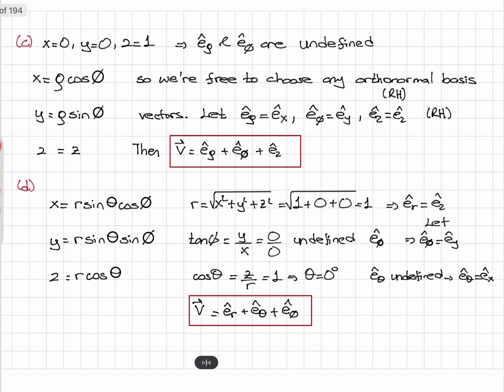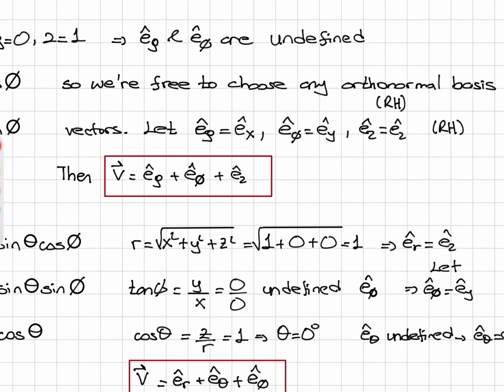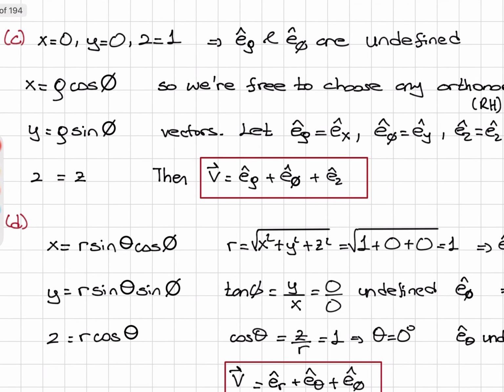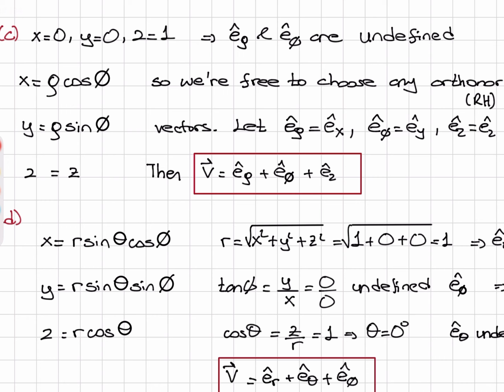So I can say e rho hat is ex hat, e phi hat is ey hat, ez hat is ez hat, because I'm free to choose any orthonormal basis vectors. So this is my vector v, ex hat plus ey hat plus ez hat, given in this form. As for spherical coordinates, we see that r is equal to 1, the square root of x squared plus y squared plus z squared. The angle theta has to be equal to 0, and phi is undefined.